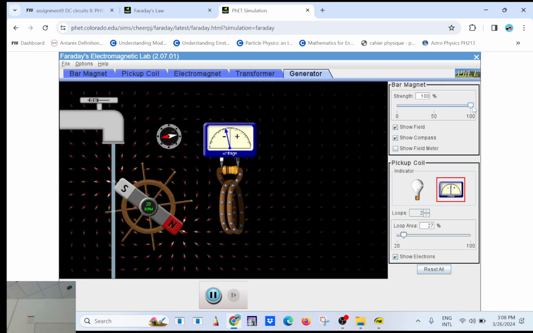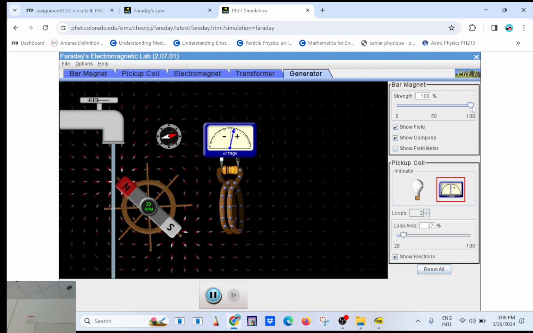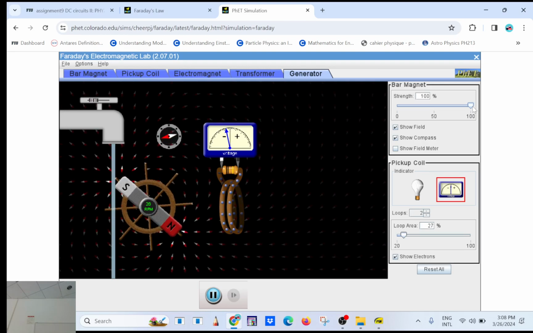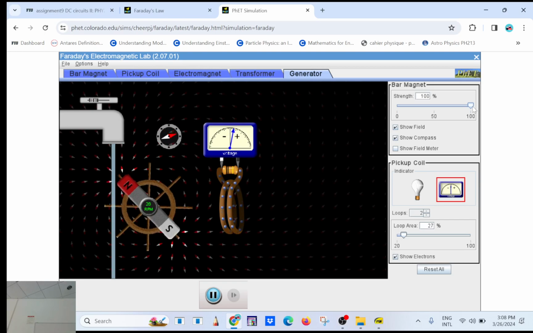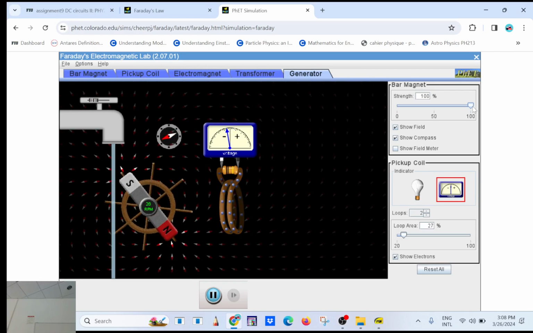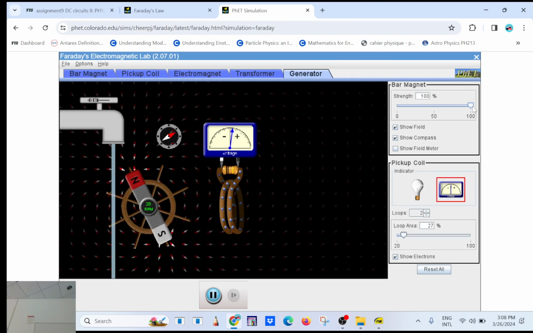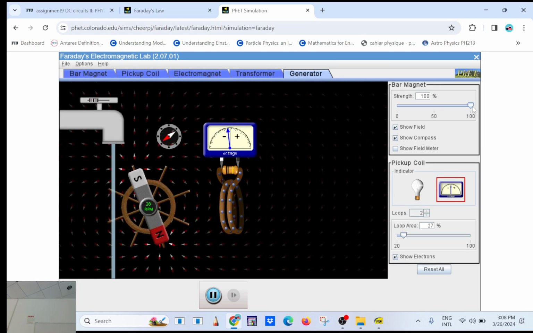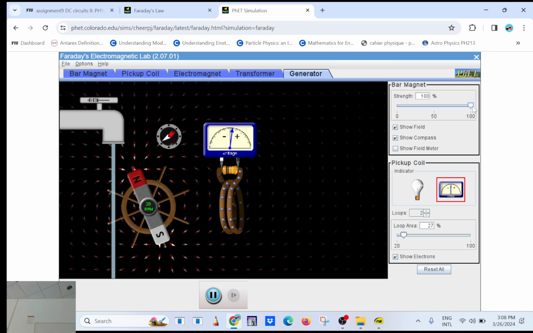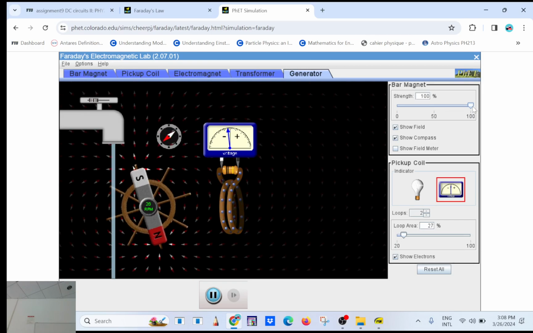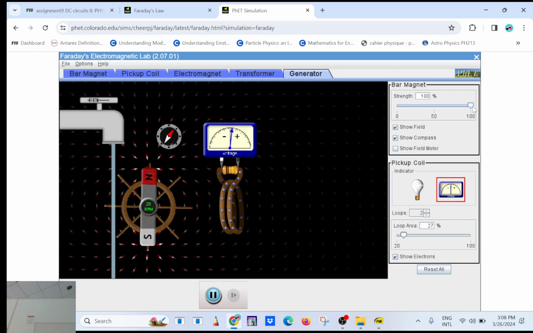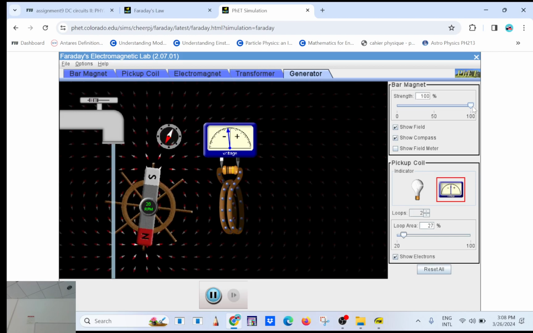So you can imagine here, you're going to attach an area. I'm going to take a magnet in and out, so the number of lines going through is going to change with time. Faster, more EMF. So let's see if it works. I'm going to attach that to a voltmeter.